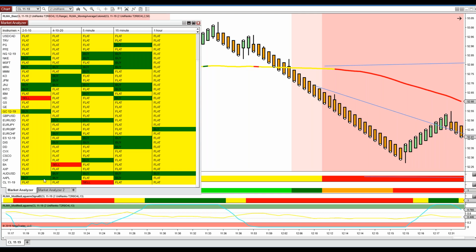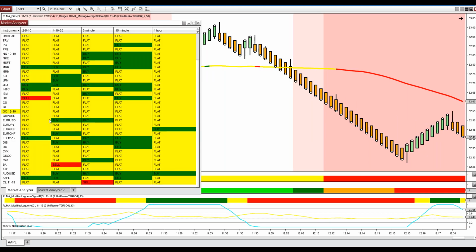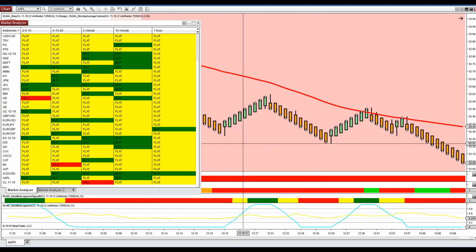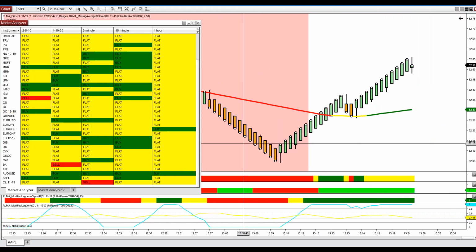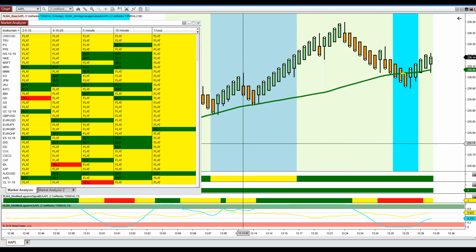I have a 2, 5, 10 Renko. Since we're on a 2, 5, 10, let's just switch this to Apple. That's coming in, and there it is.